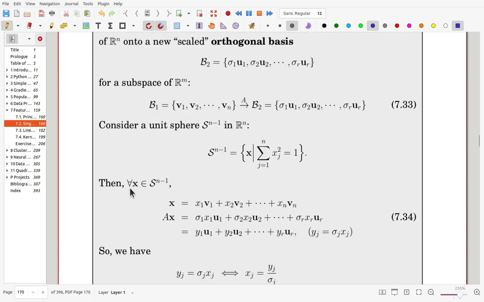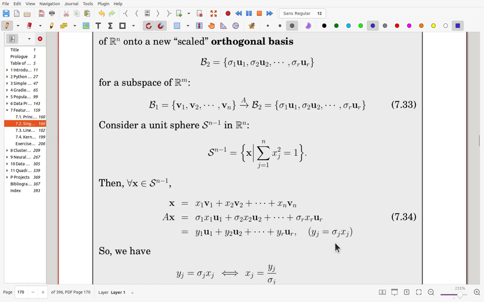For every x in the unit sphere, because V1 to Vn is a basis, it can be written as x equals x1 V1 plus up to xn Vn for some x1 to xn. Now Ax: AV1 is sigma 1 u1, AV2 is sigma 2 u2, so we can write it in this way.